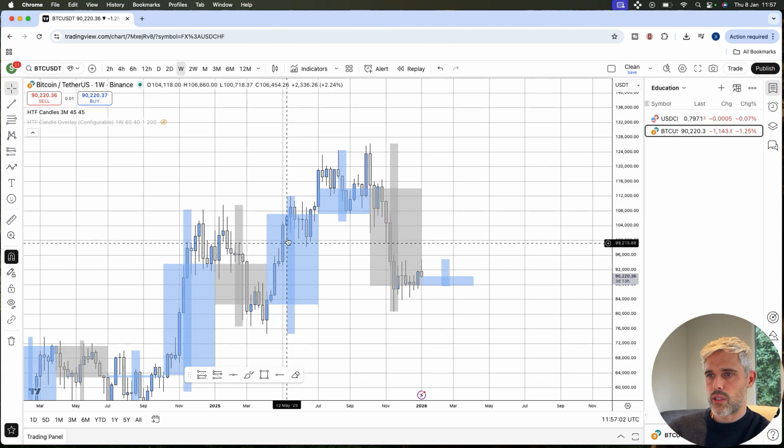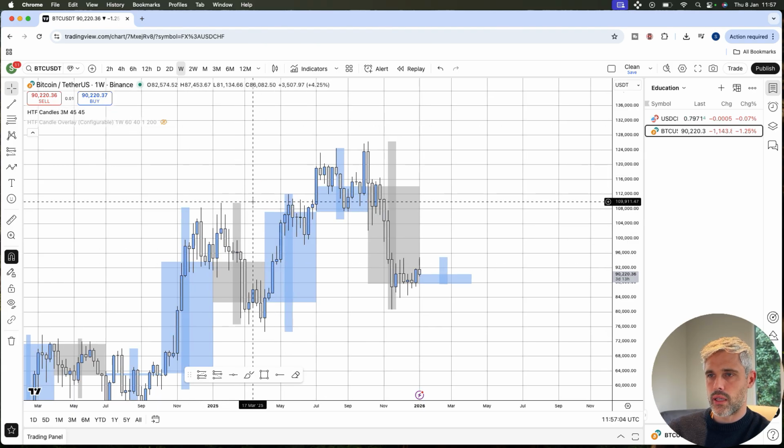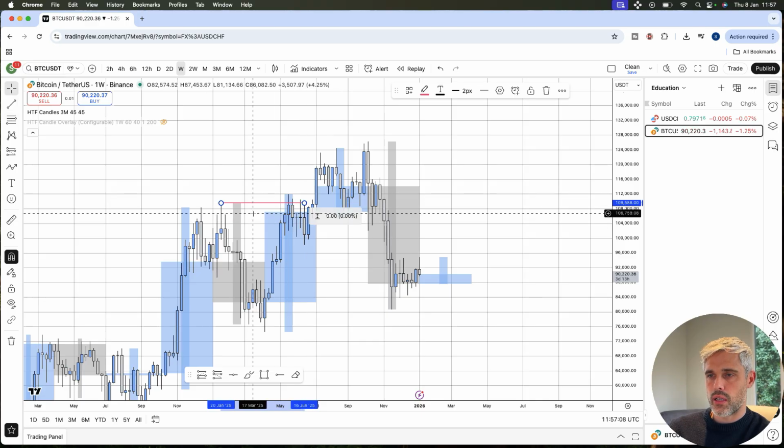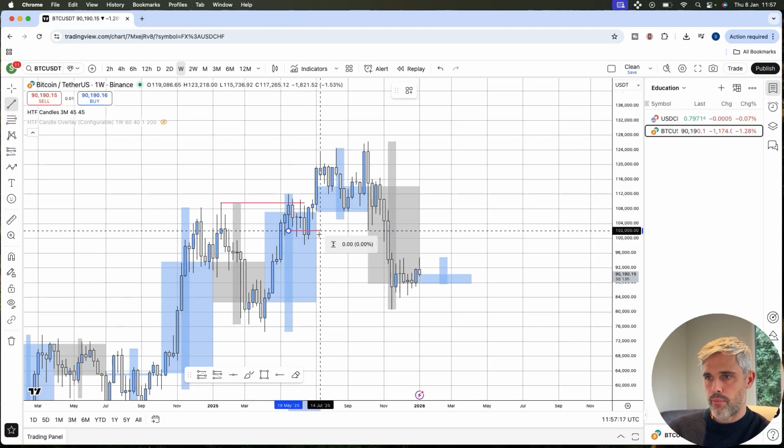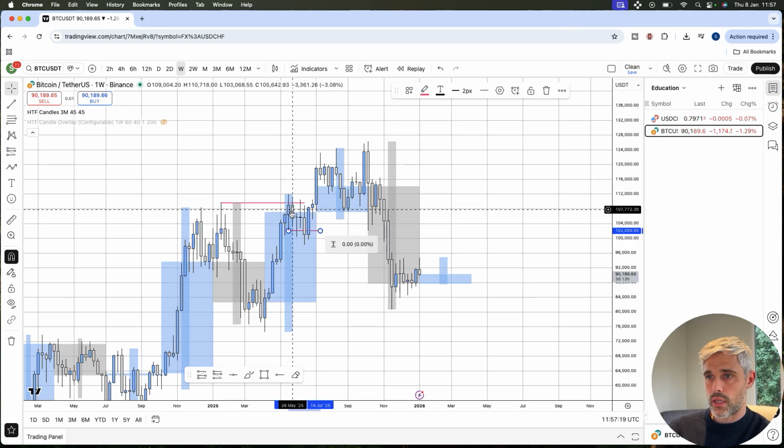We can create a very quick story with Bitcoin, in that if you see on the 3 month chart, we had a 3 month liquidation. So this candle here was traded through, and you can see we actually did create a bearish weekly order block: the last weekly buy candle before it was traded through.